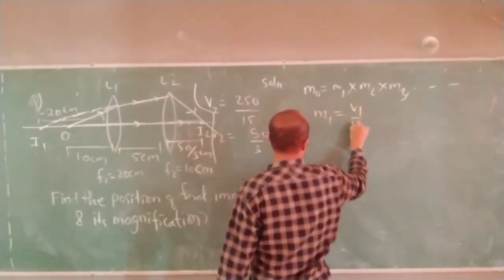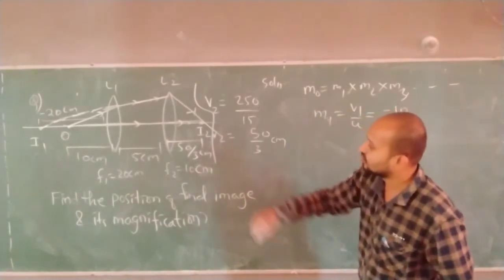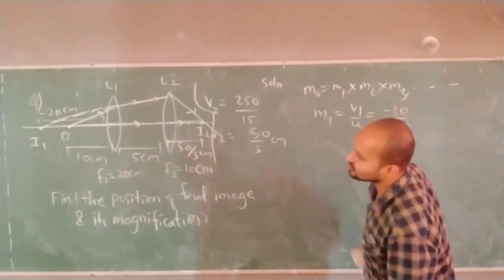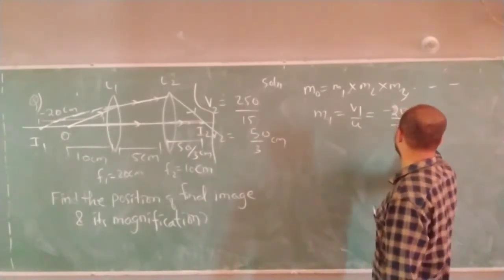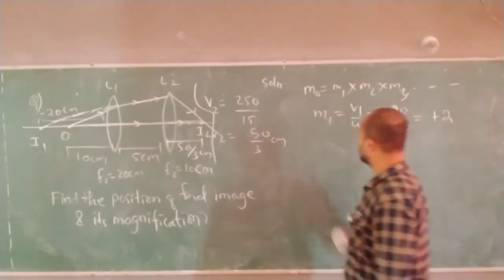M1 is V1 by U. V1 is minus 20, U is minus 10. So minus 20 divided by minus 10 will become plus 2.